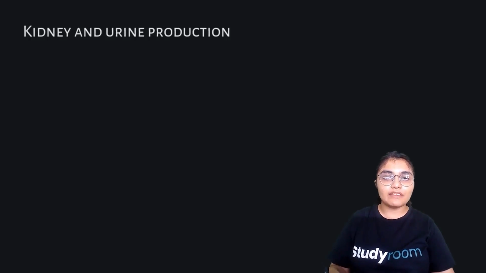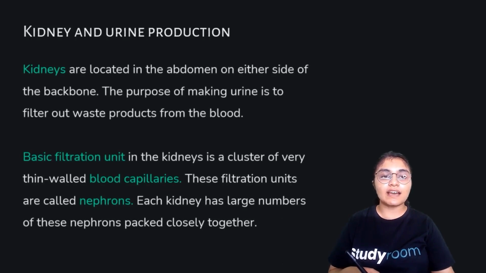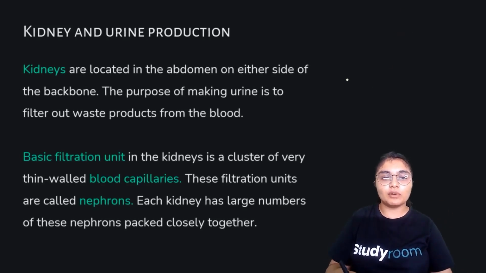Up next we have the kidneys and the urine production process that happens in our body. Kidneys are located in the abdomen on either side of the backbone. There are two kidneys located on either side of the backbone, and the purpose of making urine is to filter out waste products from the blood.